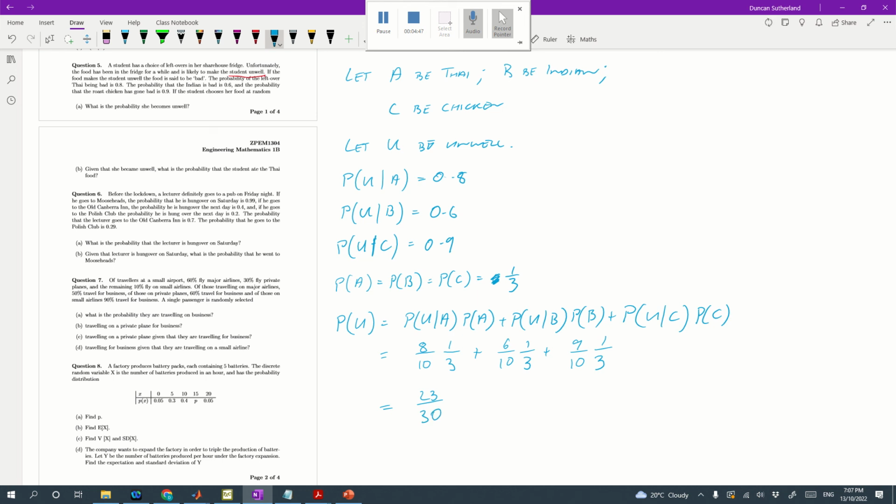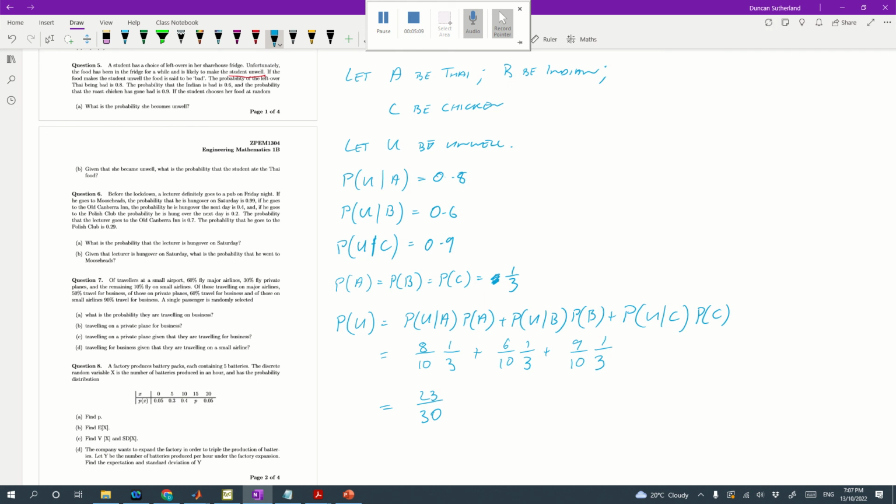Now what we're asked is that given that the student has become unwell, what is the probability that she ate the Thai food? So we don't have an observation about the food that the student has consumed, but we have an observation that the student's unwell.